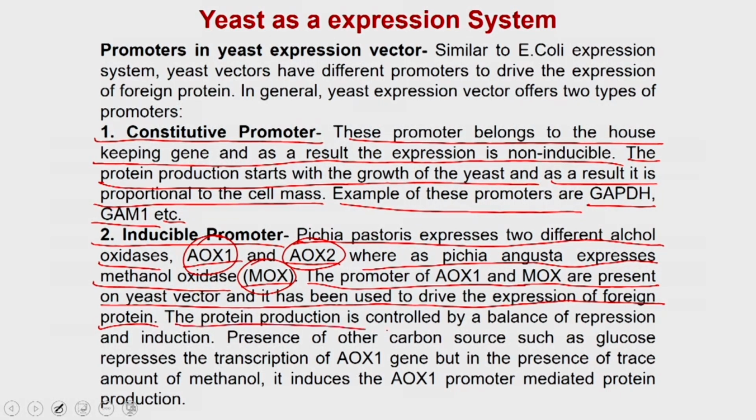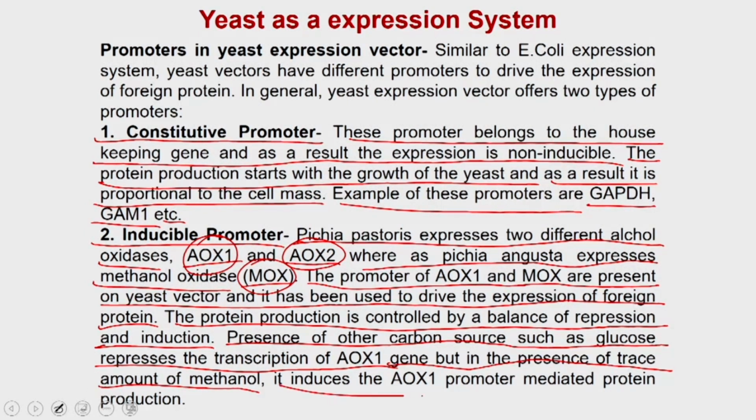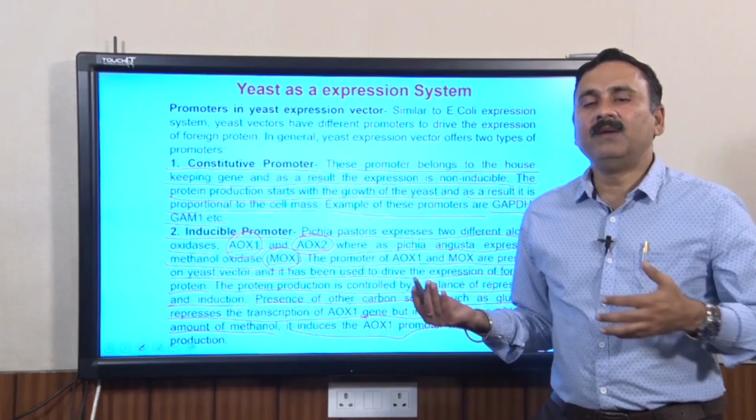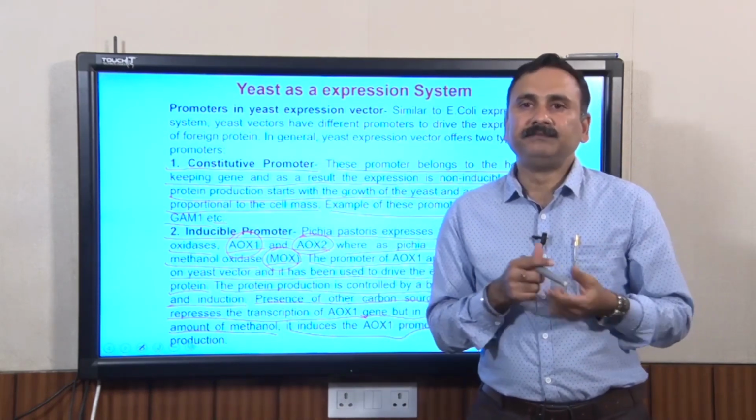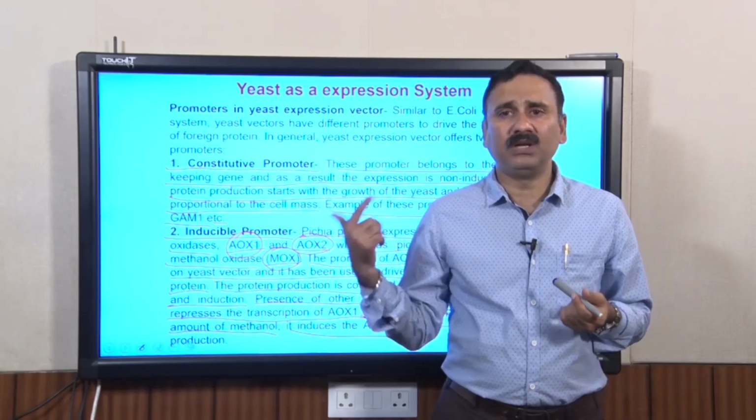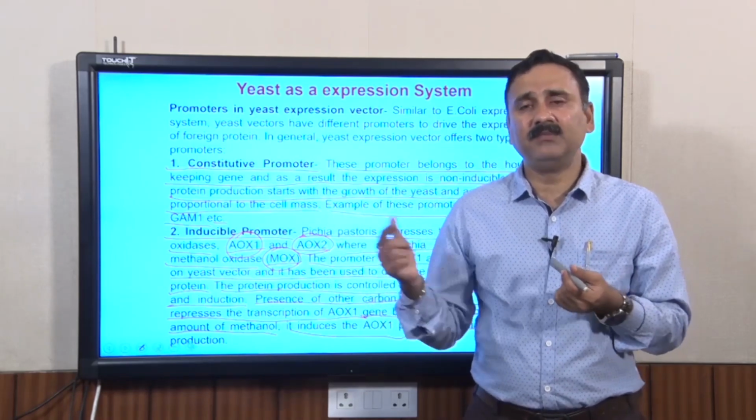The protein production is controlled by a balance of repression and induction. The presence of other carbon sources such as glucose represses the transcription of the OX1 gene, but in the presence of a trace amount of methanol, it induces OX1 promoter-mediated protein production. Just like, if you remember, a very small quantity of lactose gives leaky expression in the E. coli system.